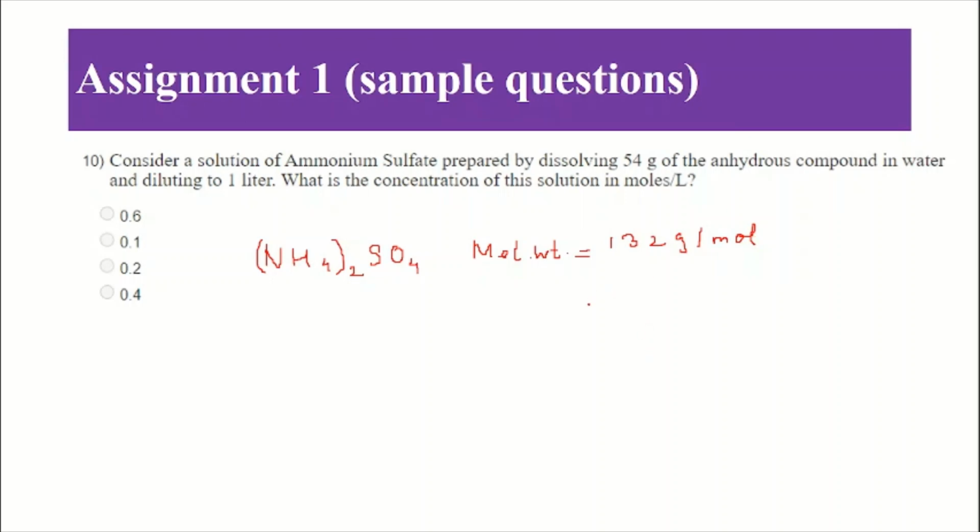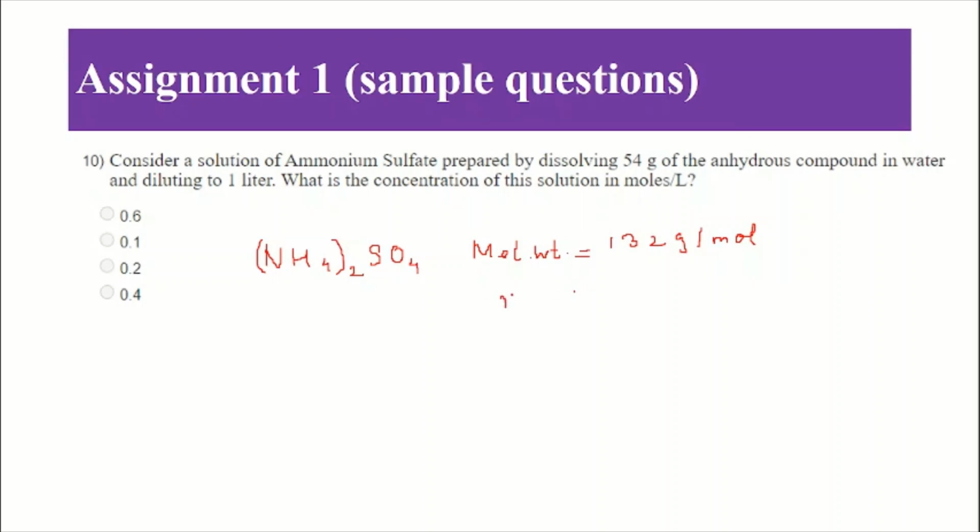So this is the molecular weight. And now we have been given the amount of the ammonium sulfate which is present in the solution. So for moles per liter concentration, basically we are calculating the molarity. So first we'll find out how many moles are there.